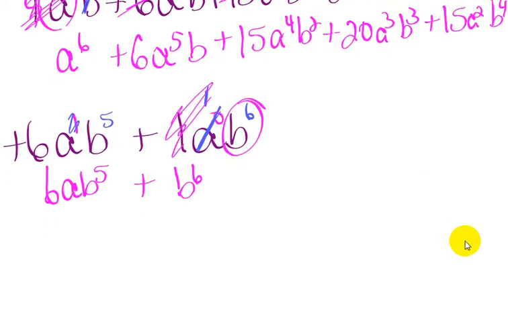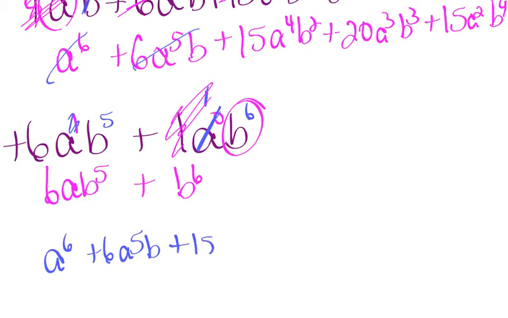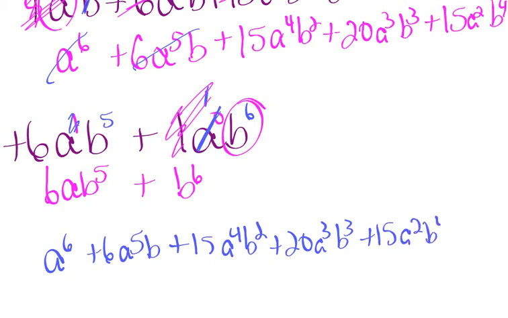So let's just clean this all up for once and for all. It's going to be a to the 6th plus 6a to the 5th b. I'm just rewriting and trying to get it on one line. 15a to the 4th b squared plus 20a cubed b cubed plus 15a squared b to the fourth plus 6a b to the fifth plus b to the sixth.